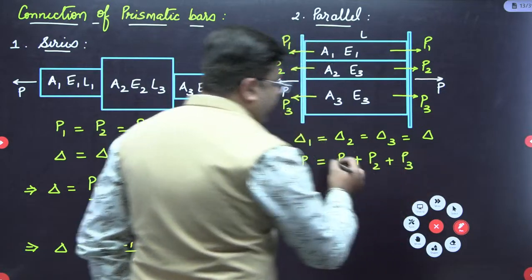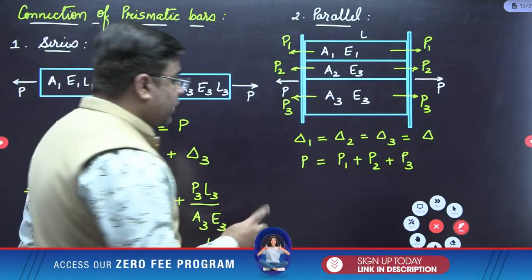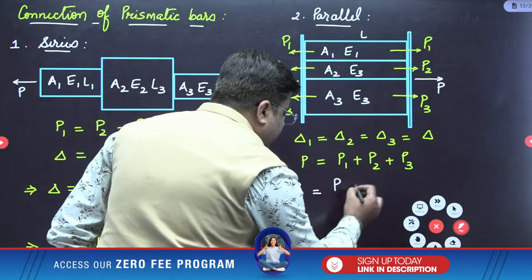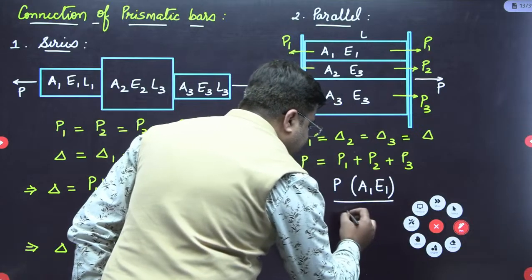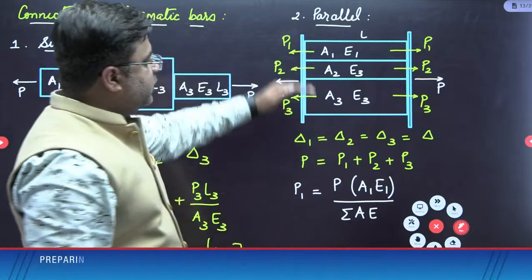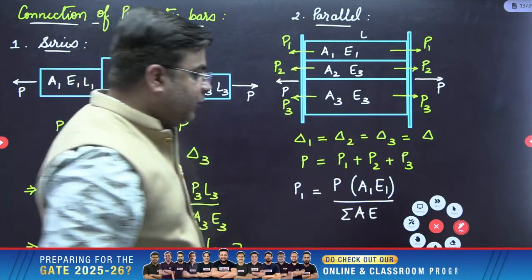And in order to find out the value of P1, P2 and P3, we are going to use the formula directly. So P1 is equal to the weighted share of P, so P into A1 E1 divided by the sum of AE. For all the members, you have to take the sum A1 E1 plus A2 E2 plus A3 E3. That is the value of P1.